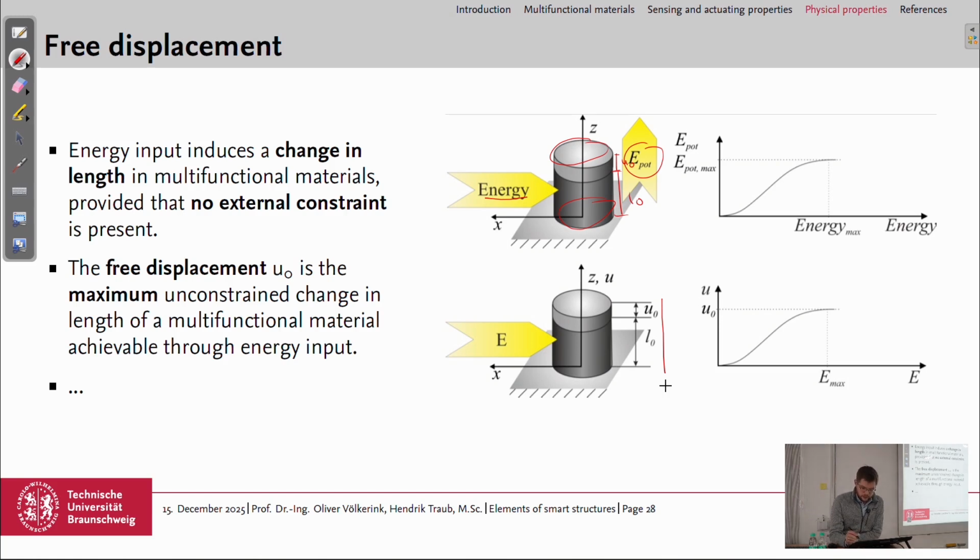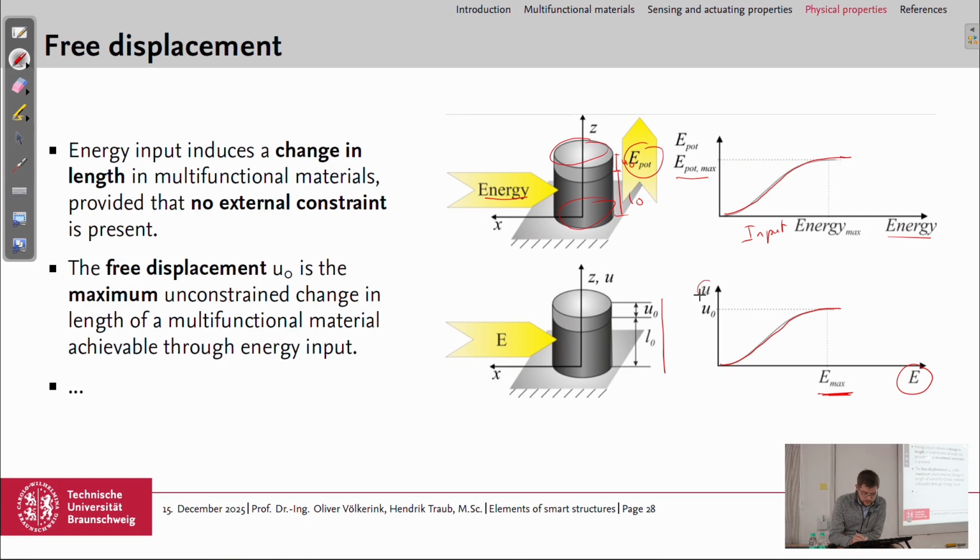And if we look at the diagram, for example, the energy over the potential energy, so the input energy, maybe we write here input, then you will get a maximum potential energy. And if you look at the similar diagram where we have here the electric field, then there is a maximum value of the electric field E max, and this corresponds to the maximum free displacement.